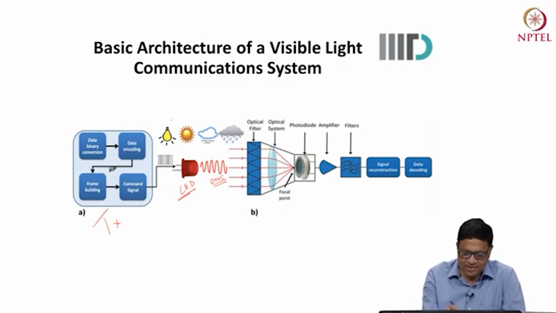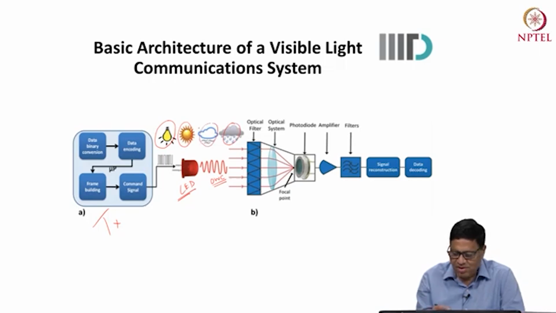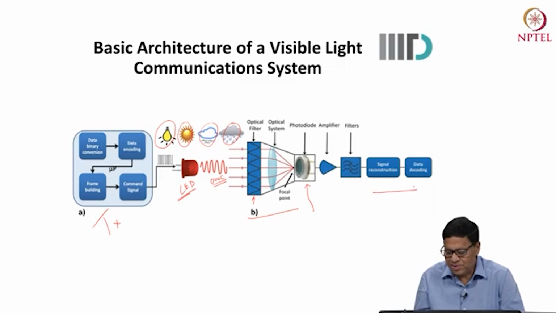You have interference coming from light sources, from the sun, from rain, or from cloud, from fog. So there are environmental conditions which will affect the communication distance. Then you have some sort of filter, some optics, and then the photodiode, the amplifier, some signal reconstruction and signal processing, and you get your data back.